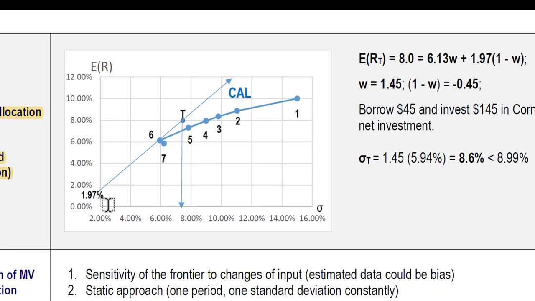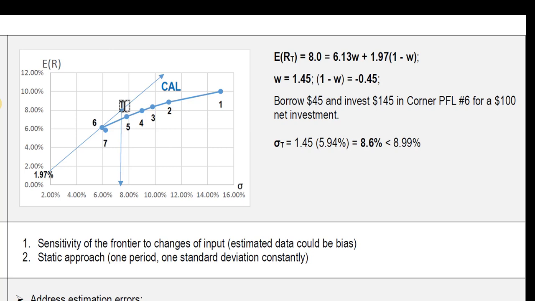with the risk-free asset. So this point here gives me 8%, my target. It's a combination of corner portfolio 6 and the risk-free bond, since the risk-free bond has a 0 standard deviation. So first of all, the return I need is 8%.